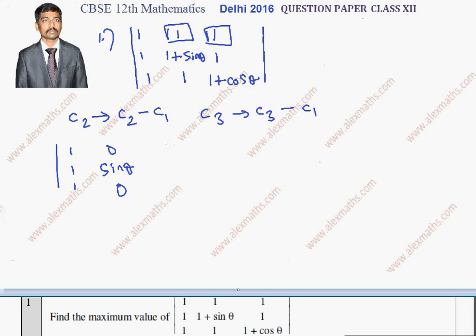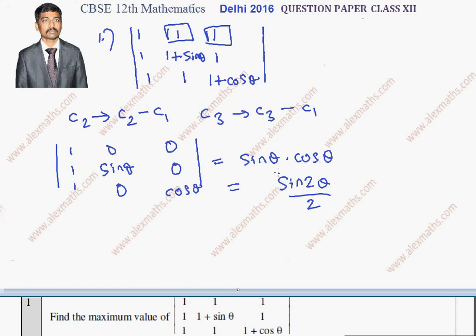Then column 3 minus column 1, 0, 0 and cos theta. So when I expand this, I will be getting only sine theta into cos theta, and this is nothing but sine 2 theta by 2.